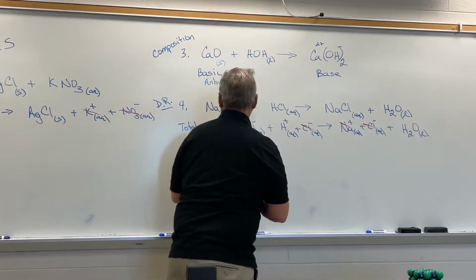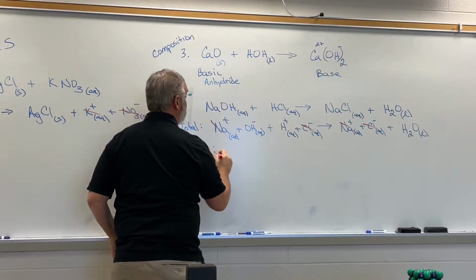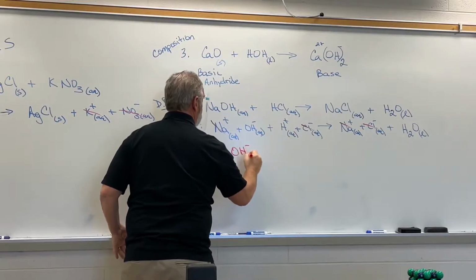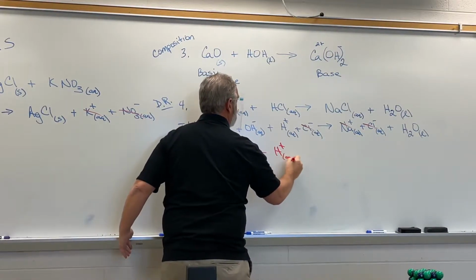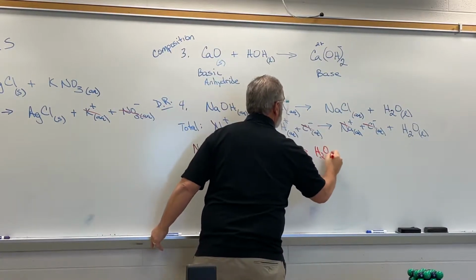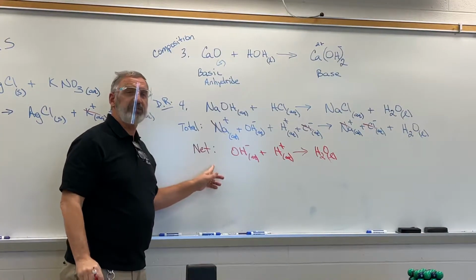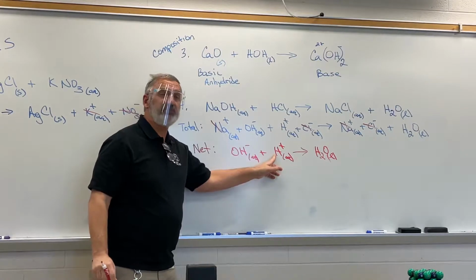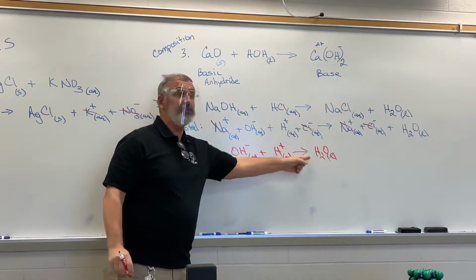So what's my net? Peroxide. No. Oh, wait. Hydroxide. Yeah. Plus the H plus makes H2O. Y'all, this is the net ionic equation for all acid-base neutralization reactions. All acids have H plus, all bases have OH minus. They come together, they neutralize each other because they make water.